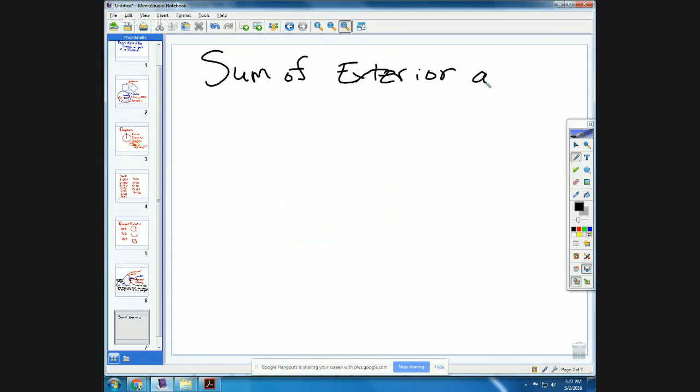exterior angles. Let's see if I can properly draw this picture. Here. Polygon.